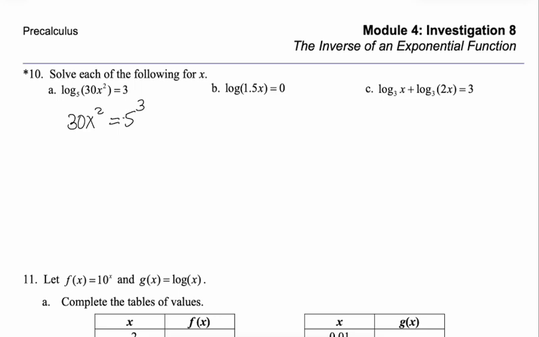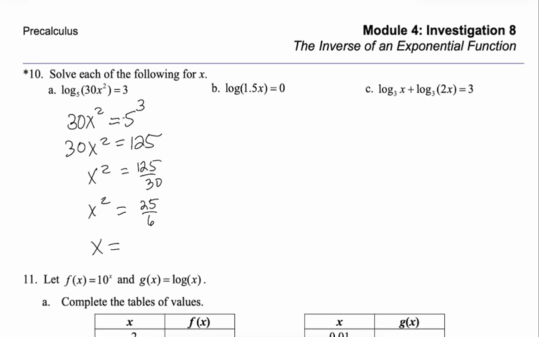Now, if you told me to solve that equation, it is just an x squared type equation that needs solved. It's really 30x squared equals 125. x squared equals 125 divided by 30. Is it 5 times 5 times 5, 125? Yeah, okay. Both 125 and 30 are divisible by 5, so let's simplify that down as much as possible. That's 25 over 6.